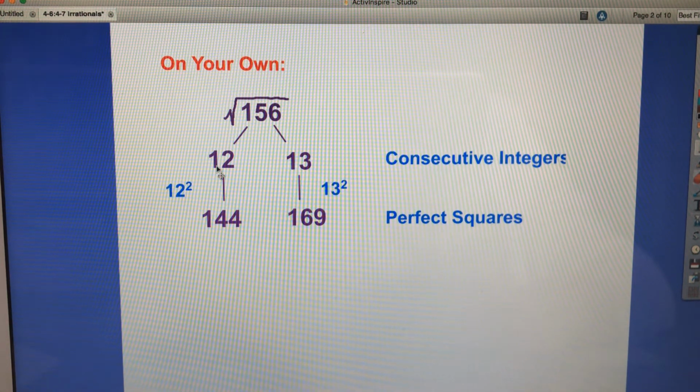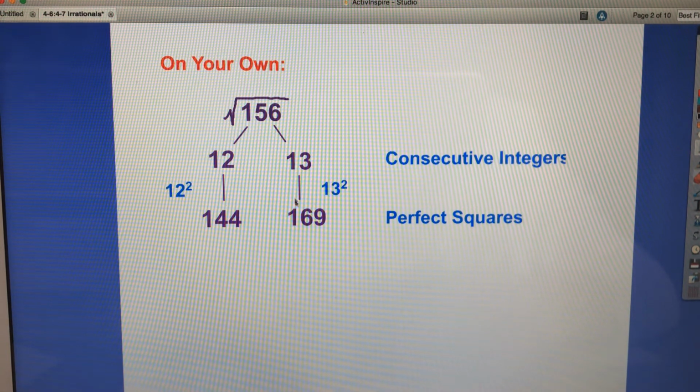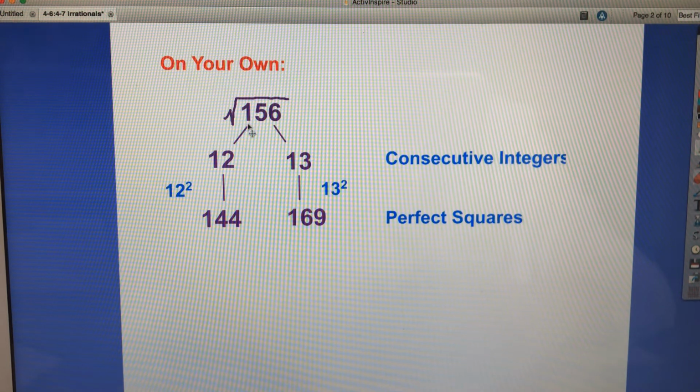So I put in 12 plus 1, 13, consecutive. Square them, my perfect squares, 144. Square 13, my perfect square, 169. So if I was doing a number line, I would have the square root of 156 falls between 12 and 13 on a number line.